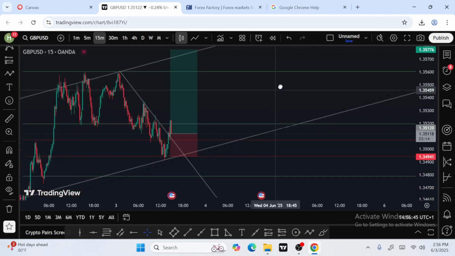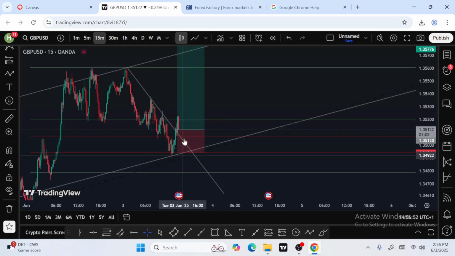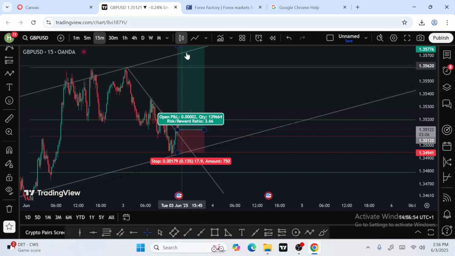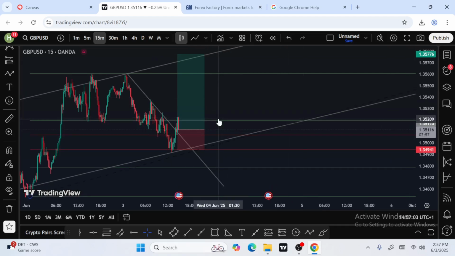Look at your risk to reward ratio. This is your profit. This is your loss. So your loss is lesser than your profit. Yes, now. Do you get it now? But in our next class, we will learn how to calculate pips, understand how to execute our market and all that. Do you get that now? That's when we enter execution.